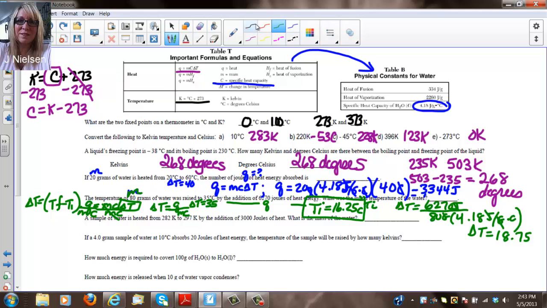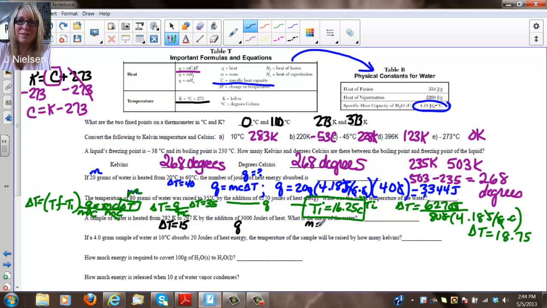A sample of water is heated from 282 Kelvin to 292 Kelvin by the addition of 3,000 joules of heat. So I need my difference, so 297 minus 282 is going to give me 15 for my delta T. So I've got a delta T equal to 15. This is my Q. They want to know what was the mass.